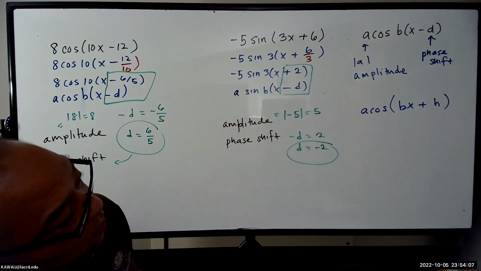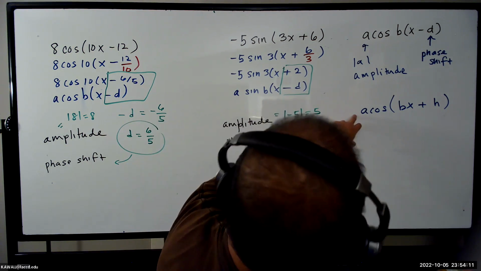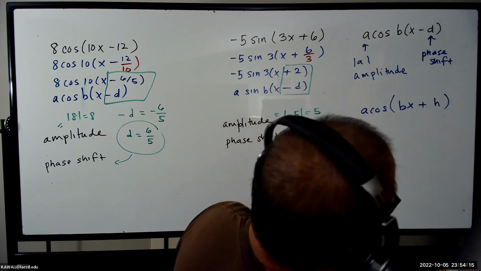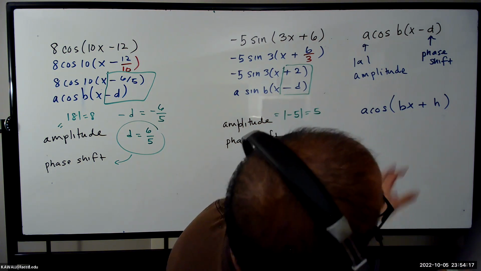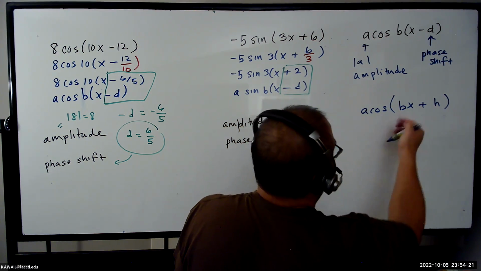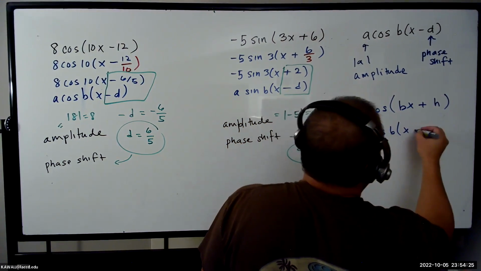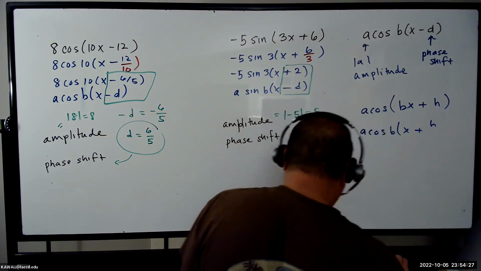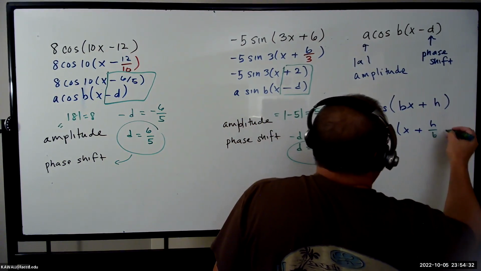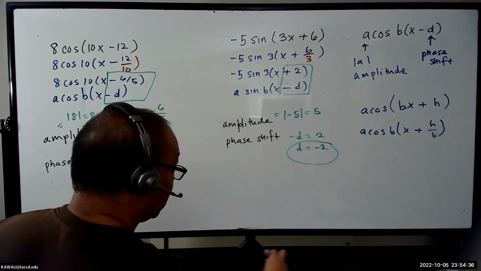Okay. So normally we have problems that look like this, right? I have some amplitude times something times X plus or minus something. Okay. And I'd like to find the phase shift. All right. What I have to do is I have to pull out that B. But before I pull it out, I have to divide this part over here by B. Okay.